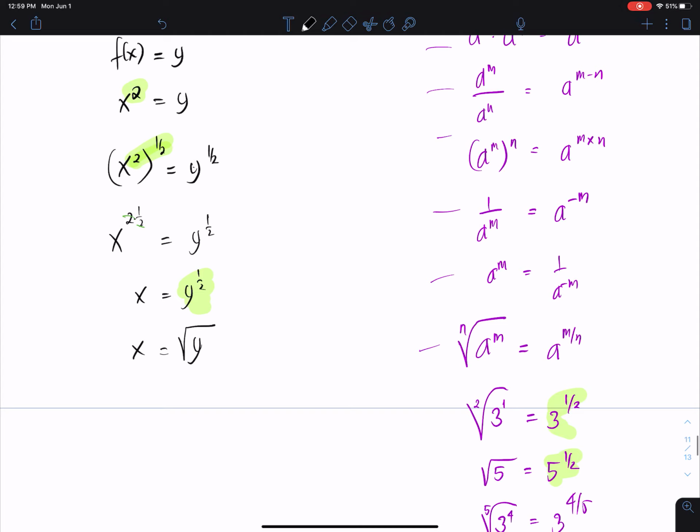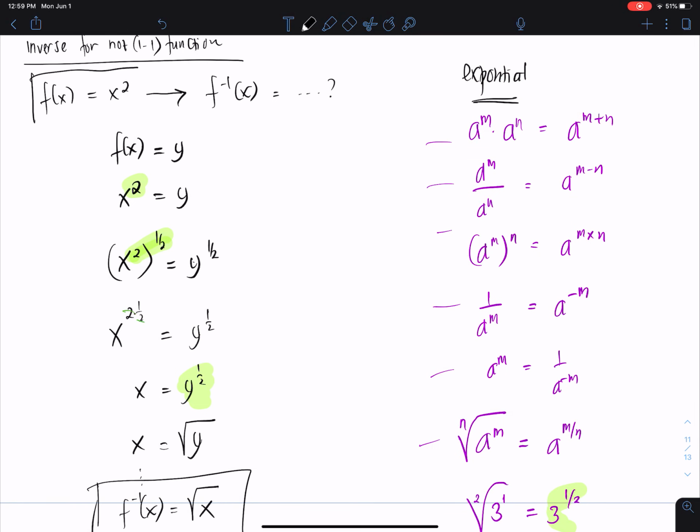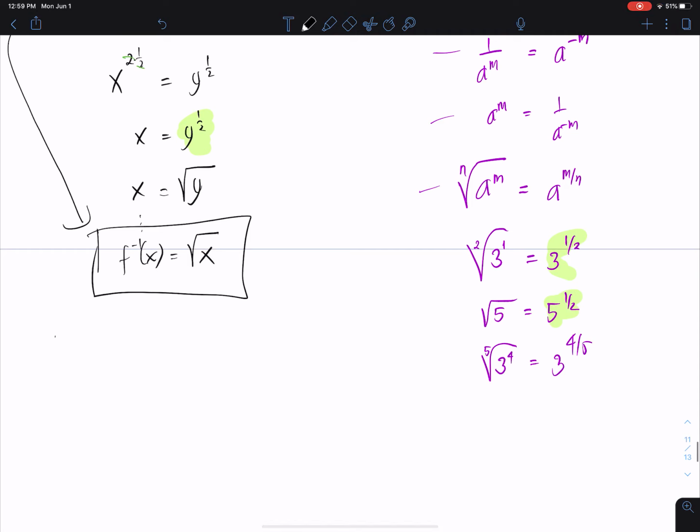So you can give a name or just use the inverse notation. Again, this is the original function, f(x) equal to x squared. The inverse becomes f inverse of x equal to square root of x. We can try the original function f(x) = x squared.